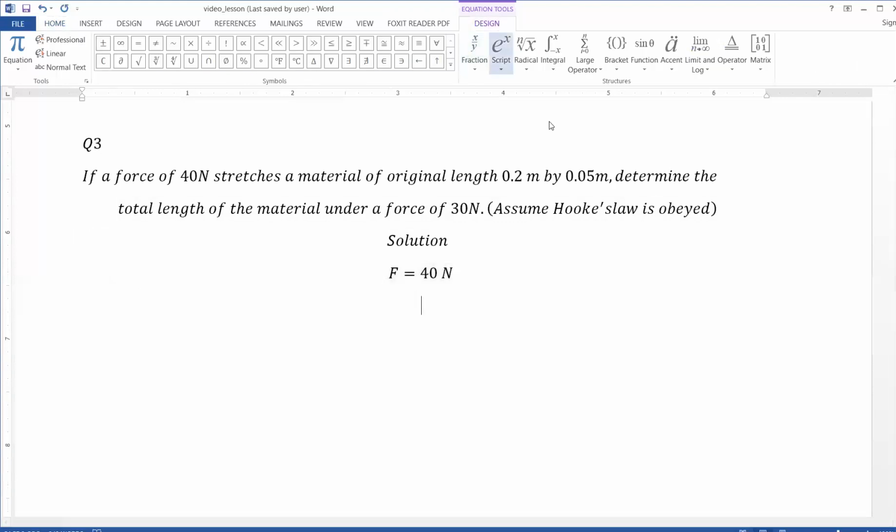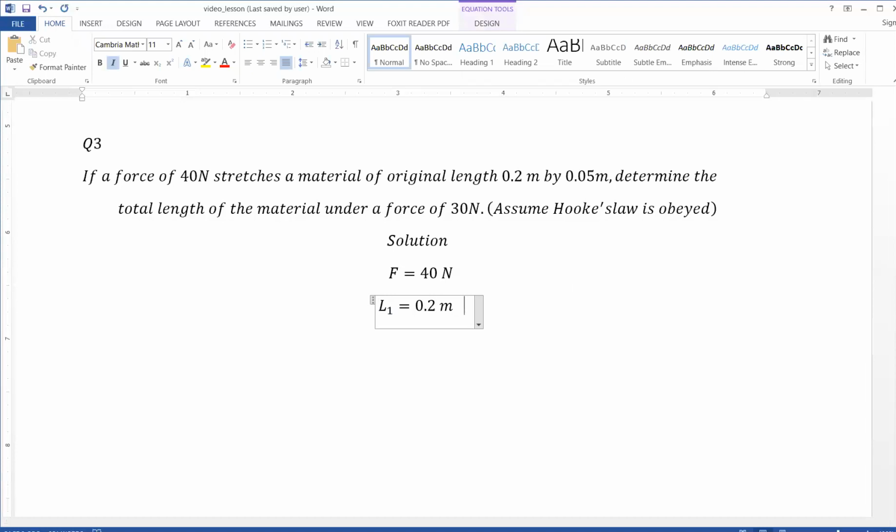I like to write that as 0.2 meter. So your original length is written as L1, 1 being the initial condition, is increased by, so the increment is your length extension, 0.05 meters. Determine the total length, so we're looking for a certain length now.